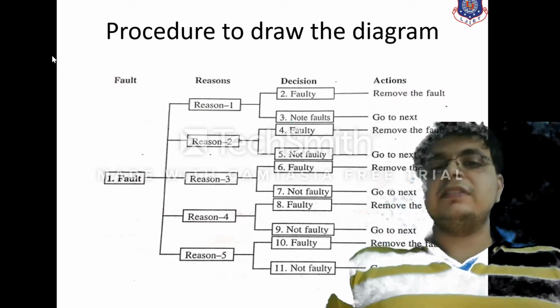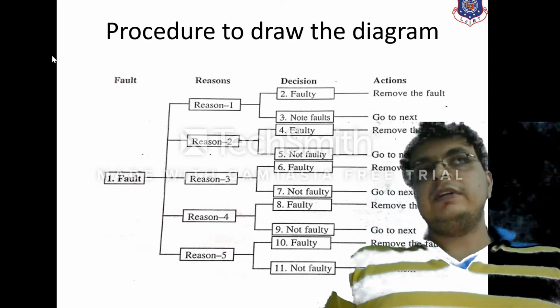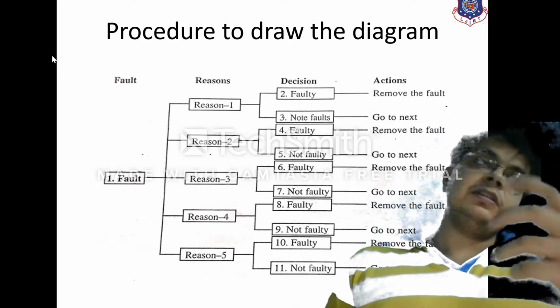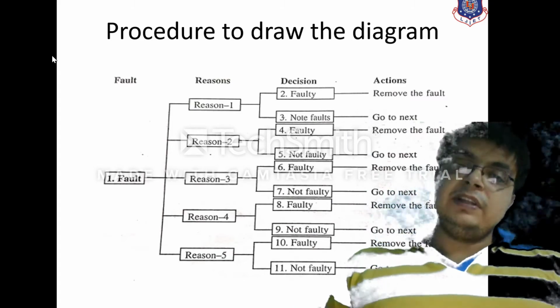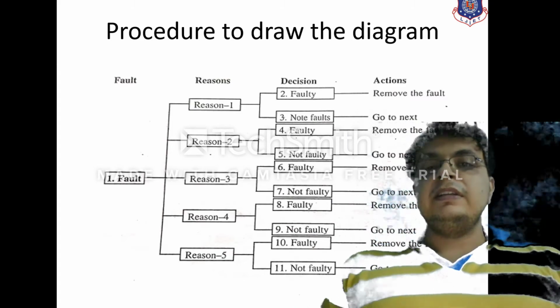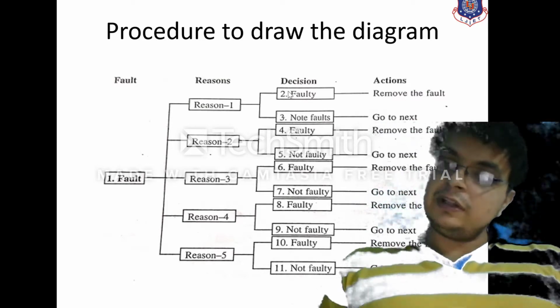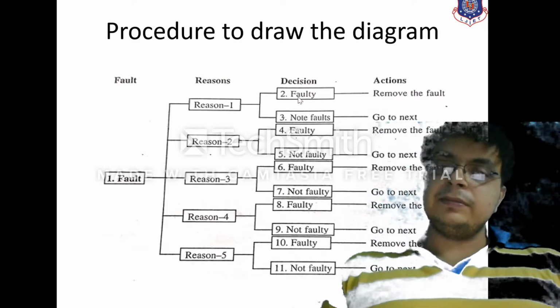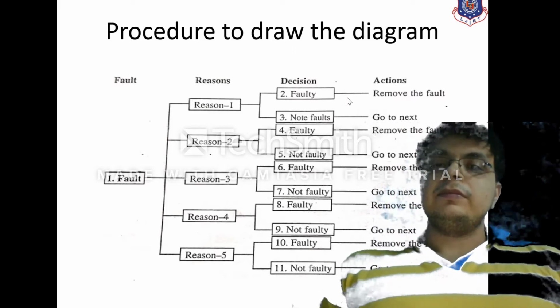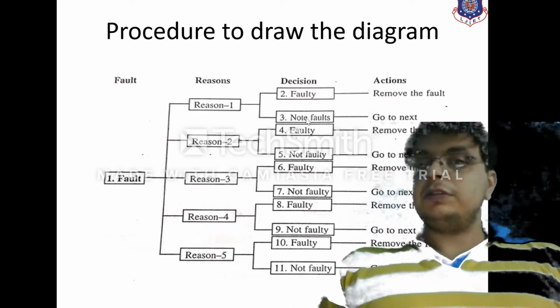Then next is the decision. After the fault has been found and the reason that is causing the fault is found, the next thing required is to decide whether it is faulty, that is, causing the fault, or not causing the fault.